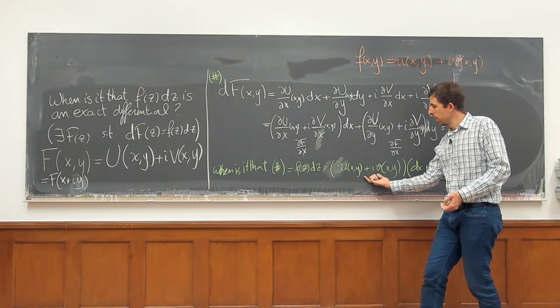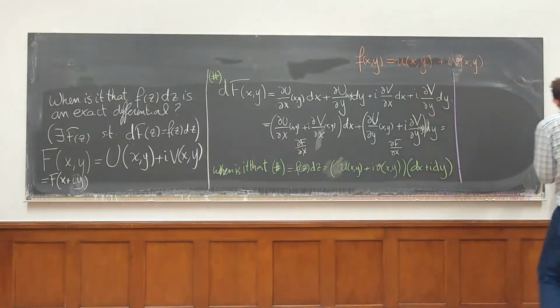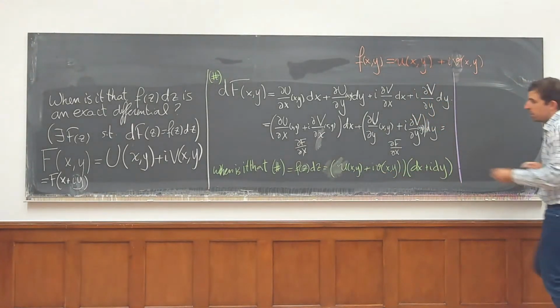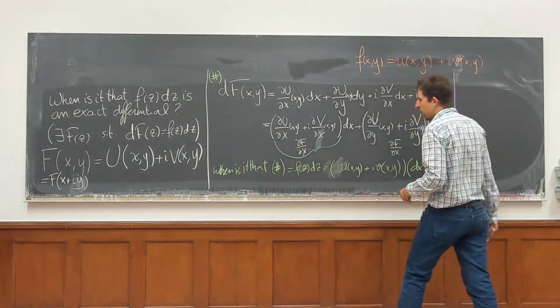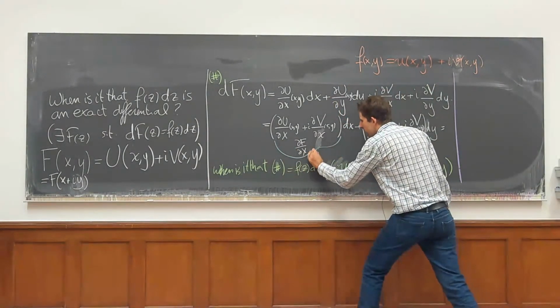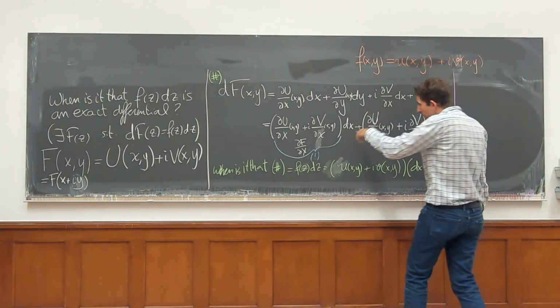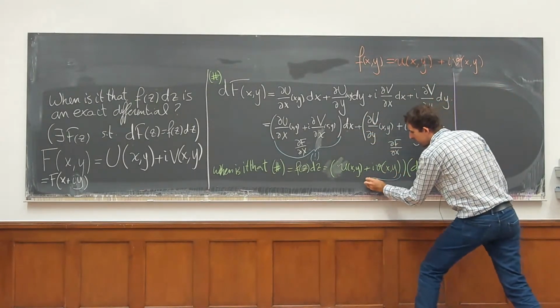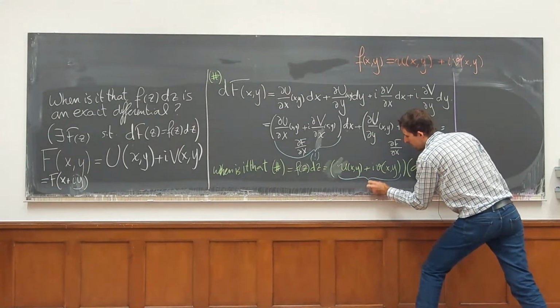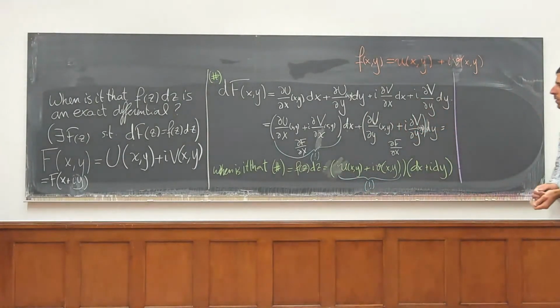Let me write this term here, let's call it one exclamation point, because it's the thing that shows up with the dx, and it needs to be exactly this. Otherwise these two expressions are not going to be the same.